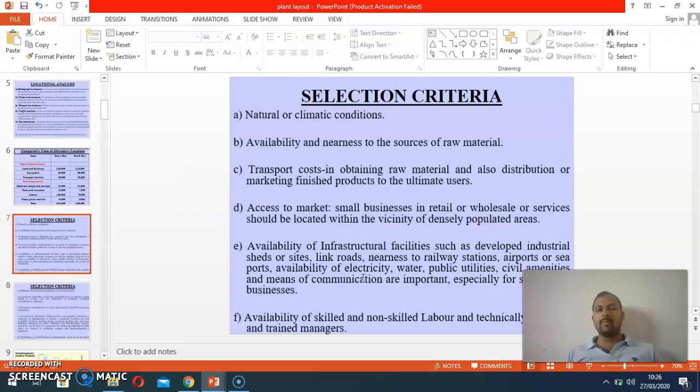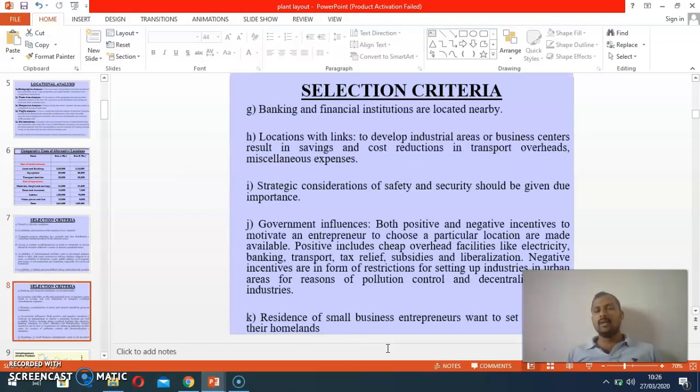Apart from that, availability of skilled and non-skilled persons and technically qualified managers. And then banking and financial institutions, then location with links to business centers, which results in saving and cost reduction in transport overheads and miscellaneous expenses.